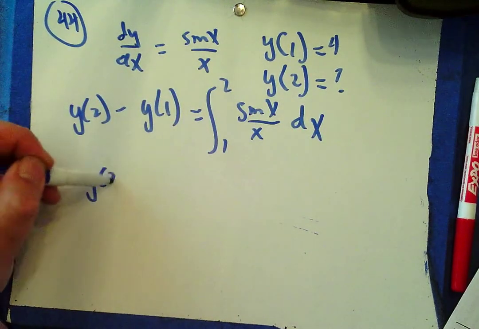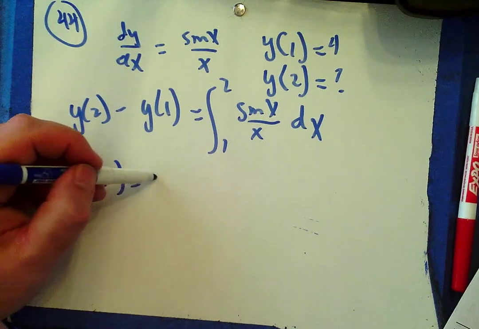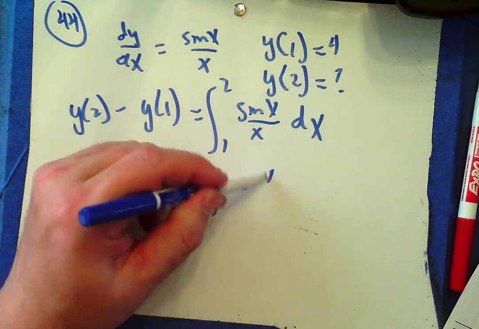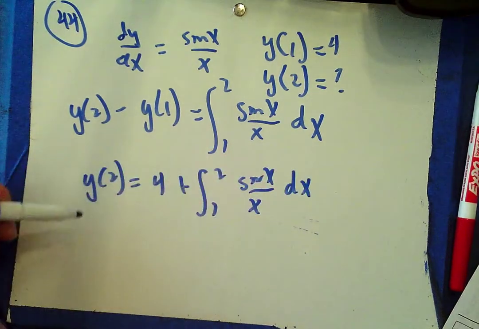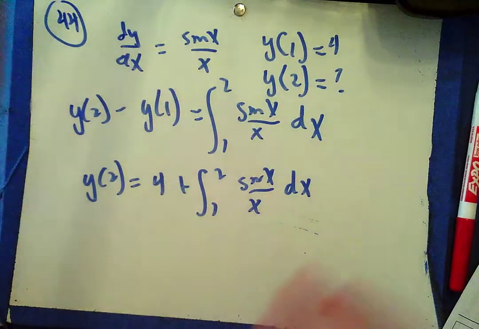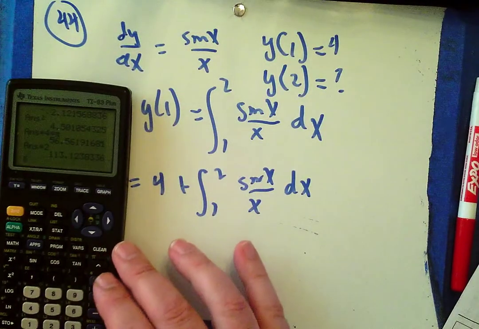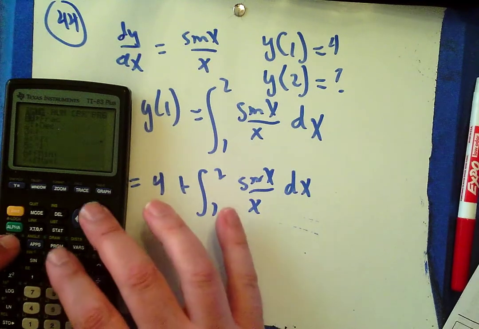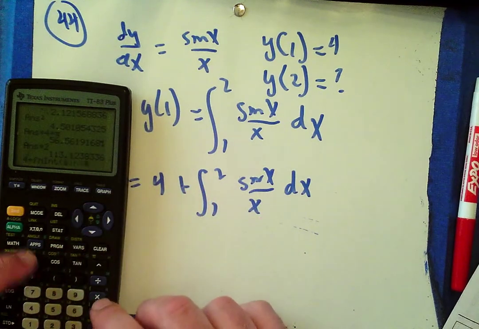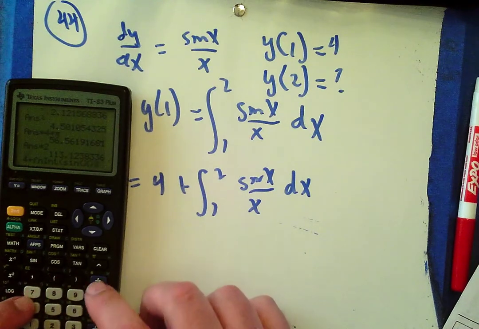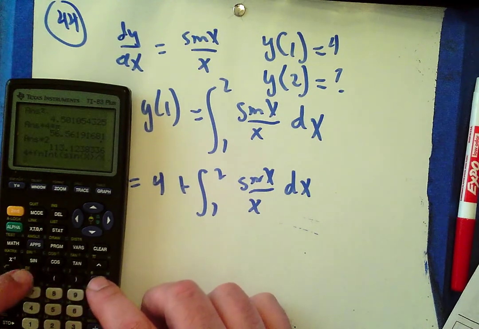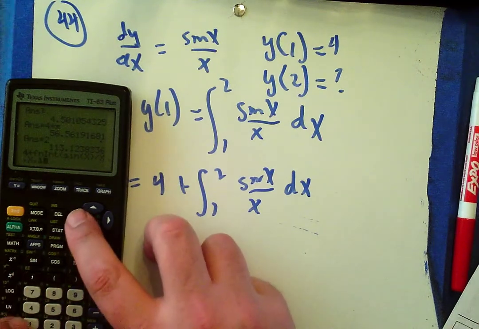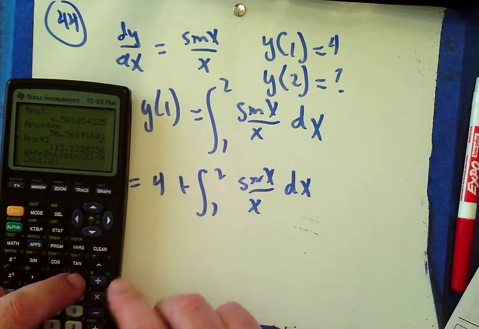So I know that y of 2 equals 4 plus the integral from 1 to 2 of sine x over x dx. So we pull out our calculator and we do 4 plus the integral of sine x, close parentheses, really important, divided by x, comma 1, comma 2.